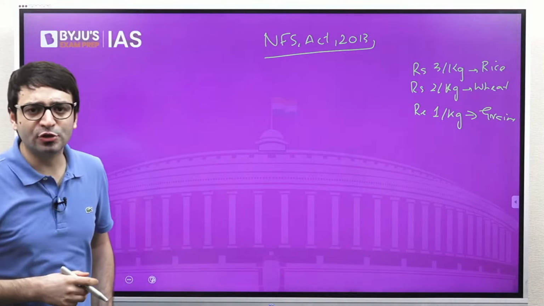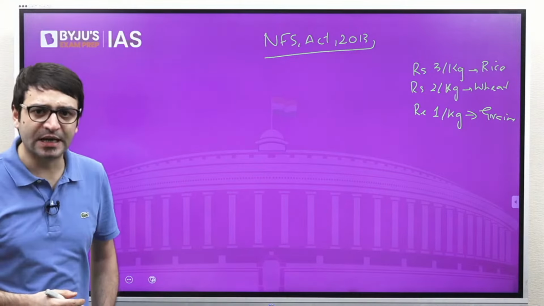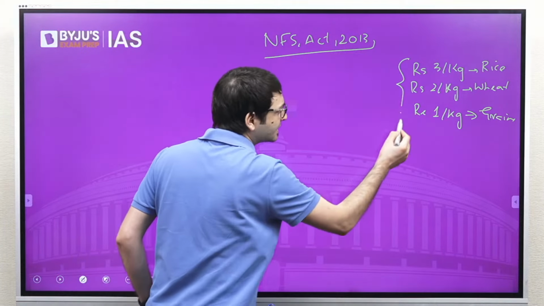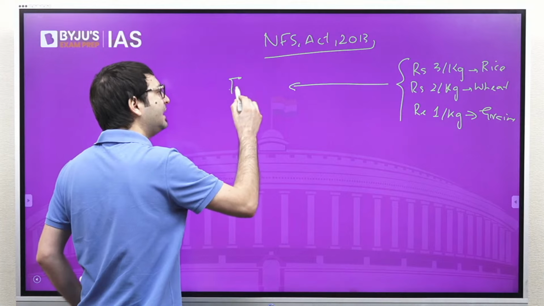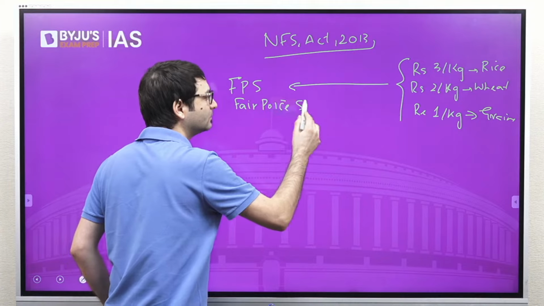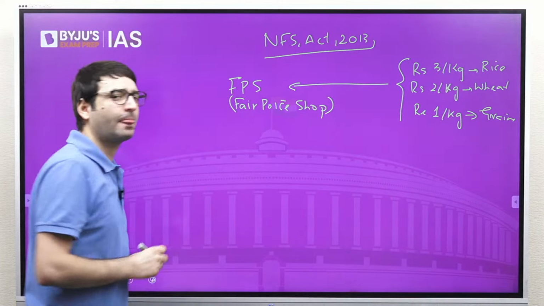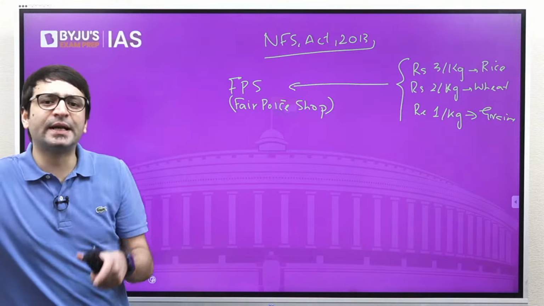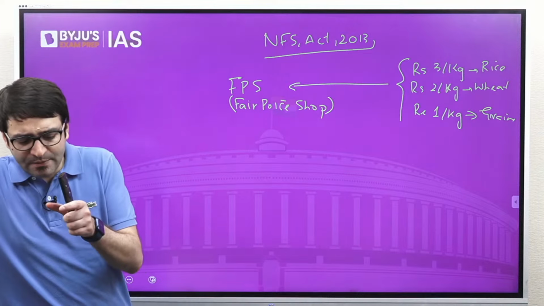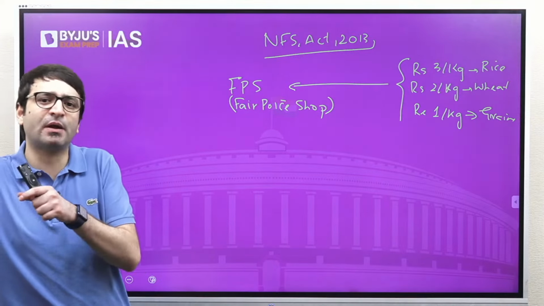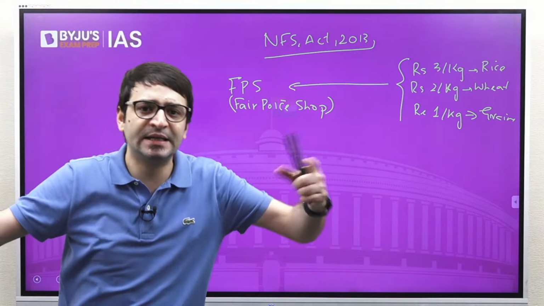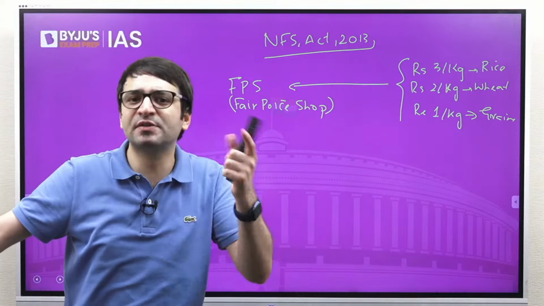And if you belong to the selected group of beneficiaries under the National Food Security Act of 2013, you can get all these subsidized food items at any fair price shop in India. But now, because of COVID-19, when there was a migration of the people as well, if I am registered as a beneficiary in West Bengal, I cannot get the benefit of this National Food Security Act in Delhi or in Mumbai or in other parts of the country.